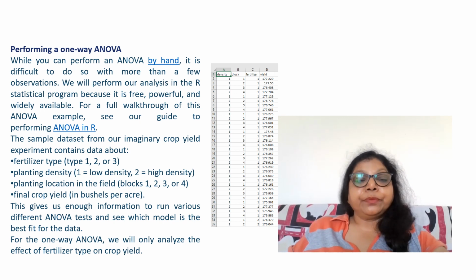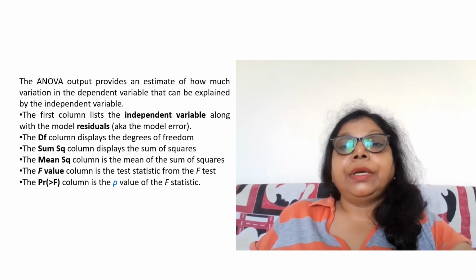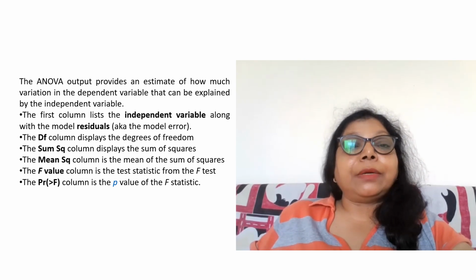So for the one-way ANOVA, we will only analyze the effect of fertilizer type on crop yield. The ANOVA output provides an estimate of how much variation in the crop yield can be explained by the independent variable.